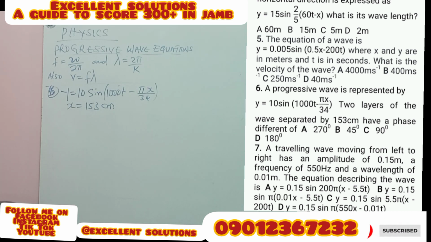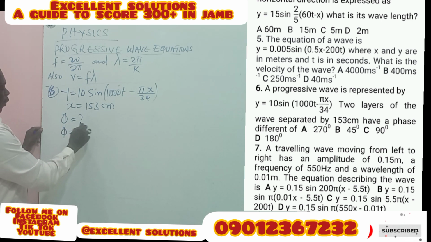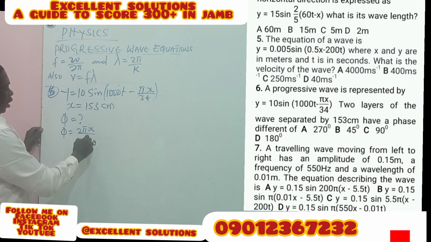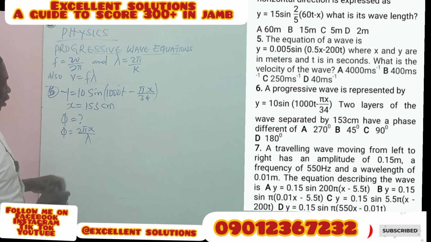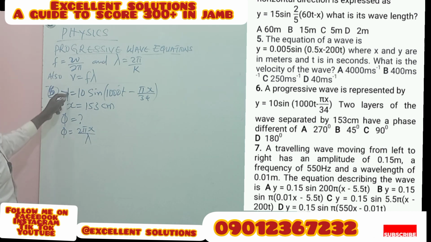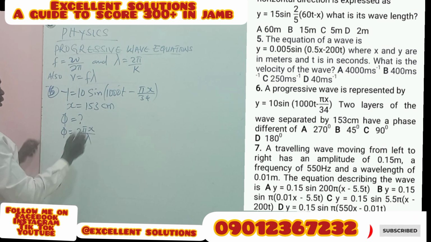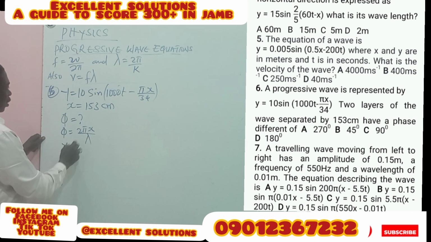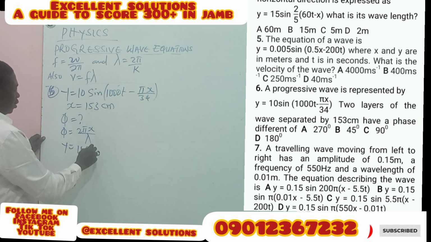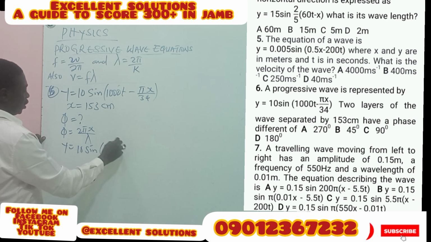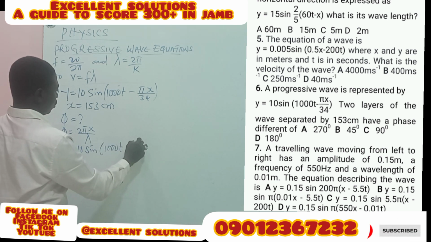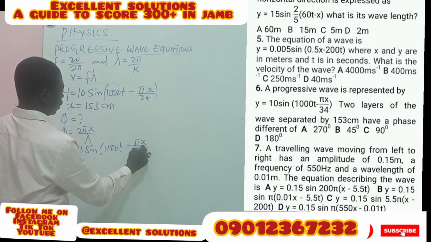They have a phase difference of, so this one we are asked to find the phase difference, phi, where we know that phi is equal to 2 pi x upon lambda. The first thing that we need to do is compare this equation with our other equations that we have. y equal to 10 sine 1000t minus pi x upon 34.